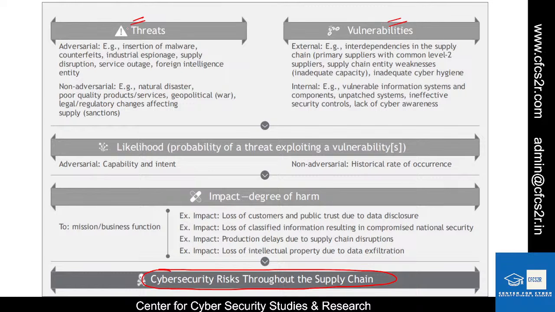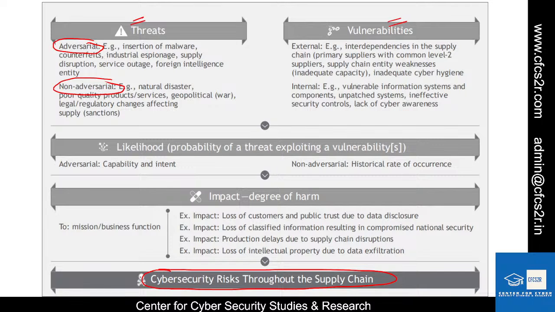When we talk about threats, there are two types: one is the adversarial threat, and one is the non-adversarial threat. What do these mean? Whenever something is intentional, there is a reason it is happening in a system, like malicious code.